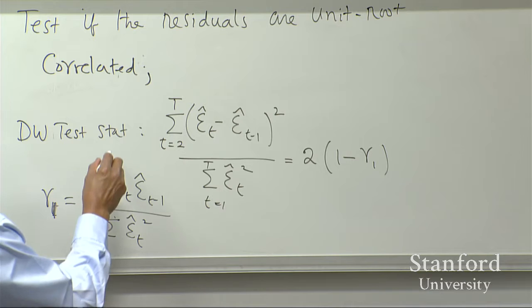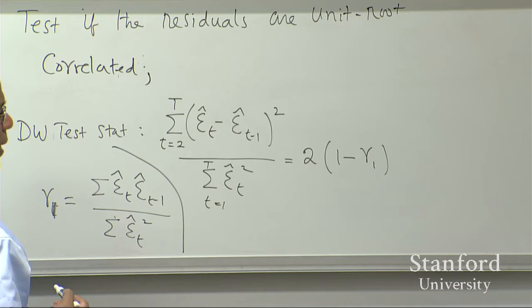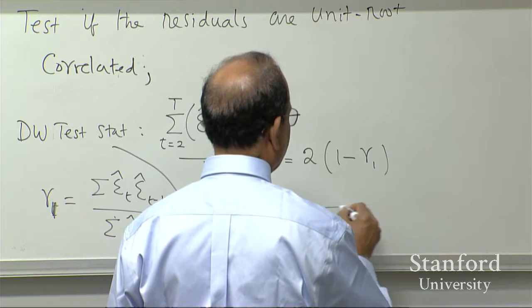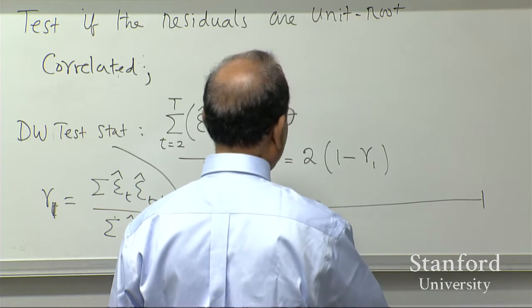So, the key idea here is that if the autocorrelation is 0, what kind of values would you get?